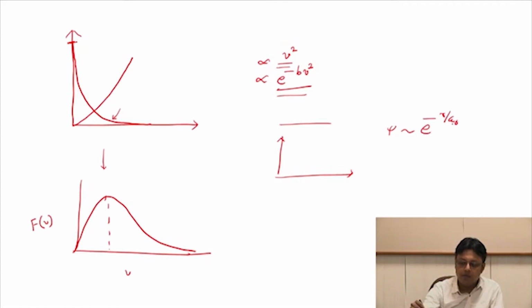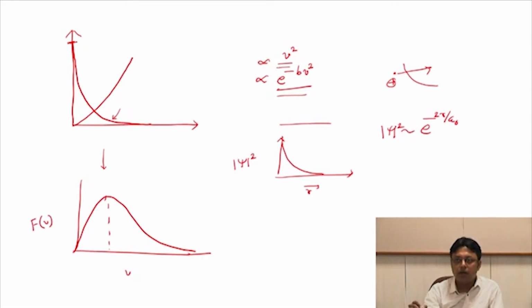So if you go away from the nucleus, the probability amplitude decreases. The square of the probability amplitude decreases as e to the power minus 2r by a0. That is a decaying function of r, mod psi square, which is directly related to the probability density.